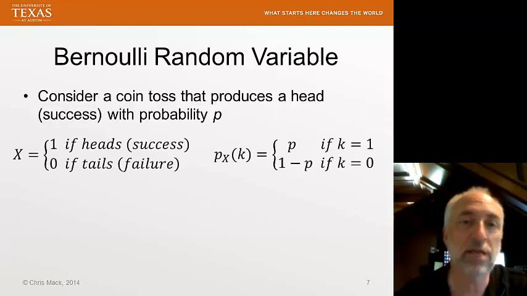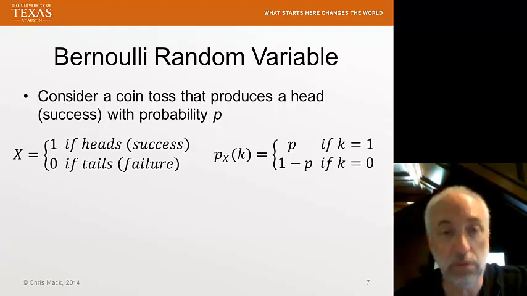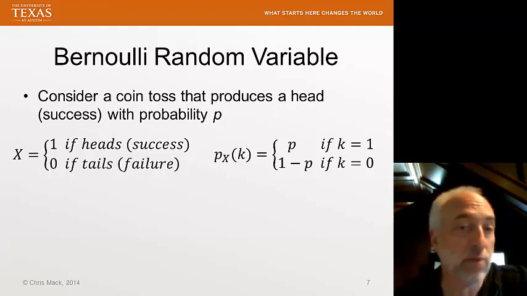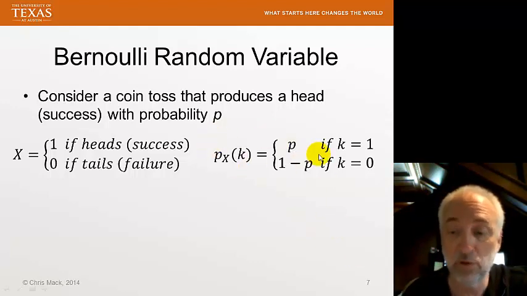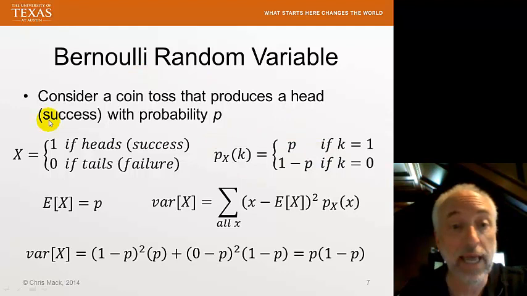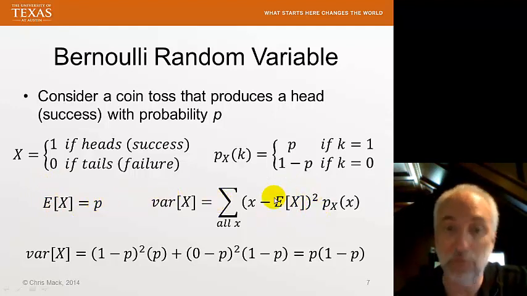Remember, a Bernoulli random variable is a succession of binomial random variables. So I toss a coin with a probability of getting a heads or a success of 1. I have the PMF of my Bernoulli random variable here, and then, as we saw before, the expectation is simply p. So we need to know that because we have to plug it into our variance formula.